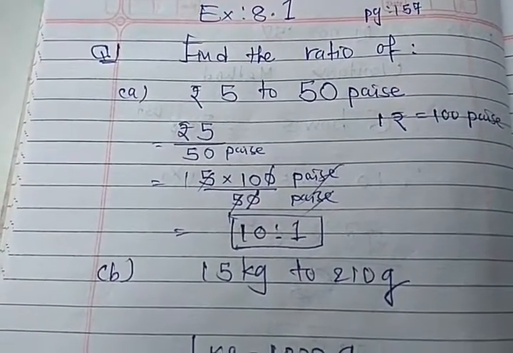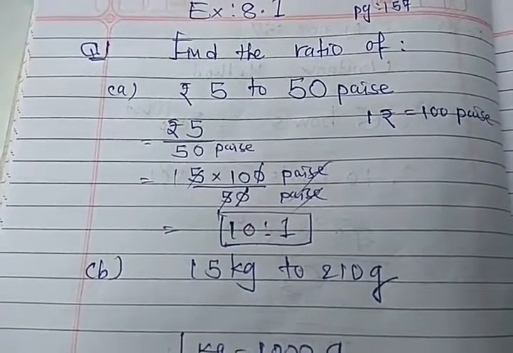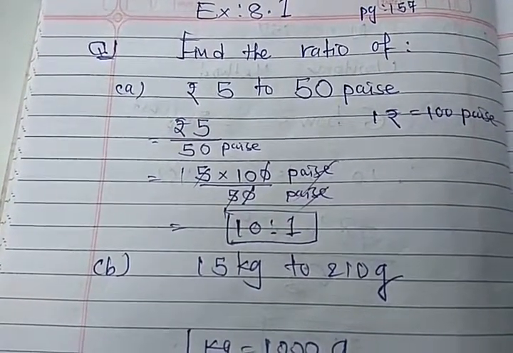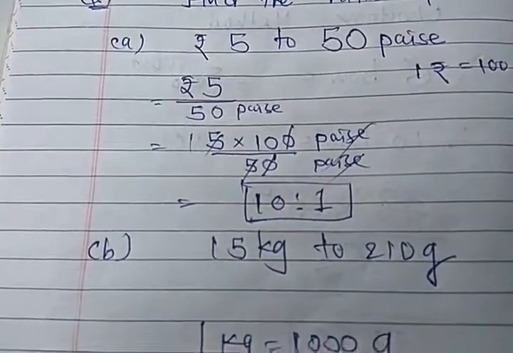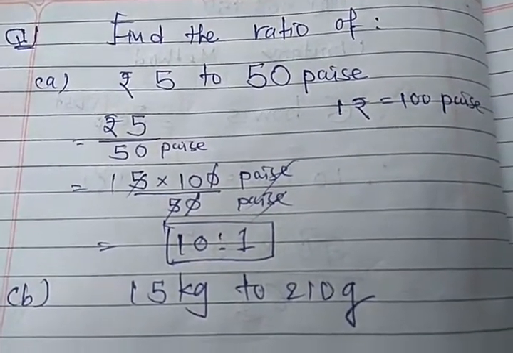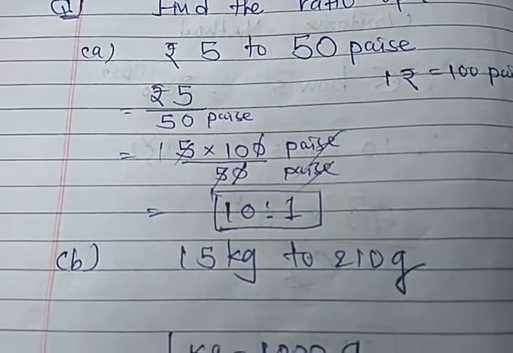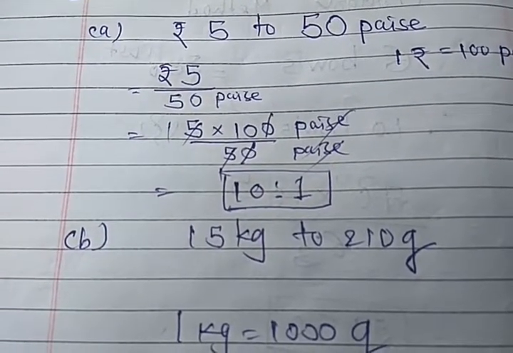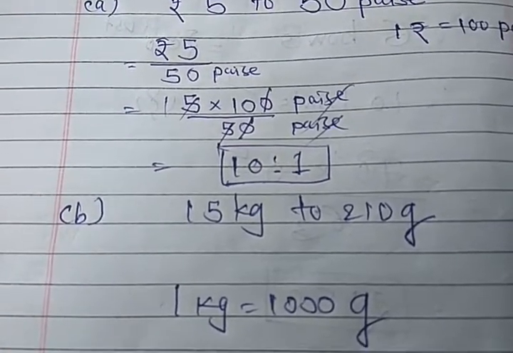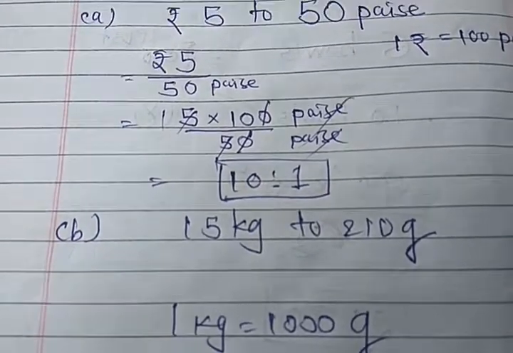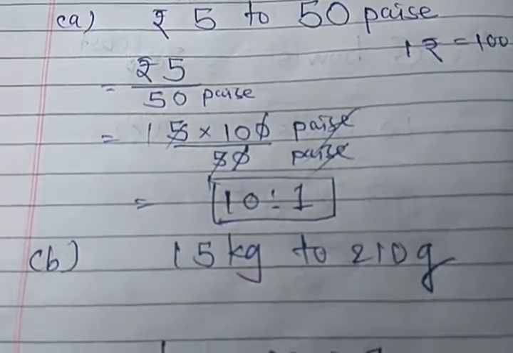So first of all you put in numerator and denominator, 5 rupees upon 50 paise. Now convert this rupees into paise. You know that 1 rupee is equal to 100 paise. So 5 multiplied by 100 upon 50. 0 0 gone, 5 5 gone. You will get 10 upon 1. So 10 upon 1, it is the first answer.